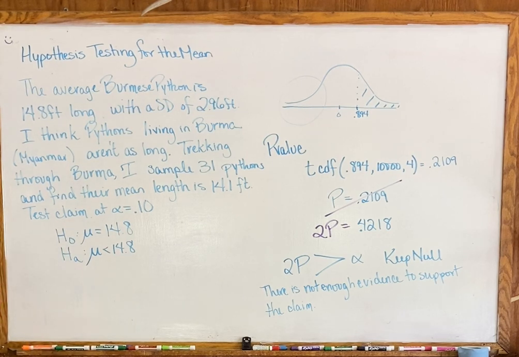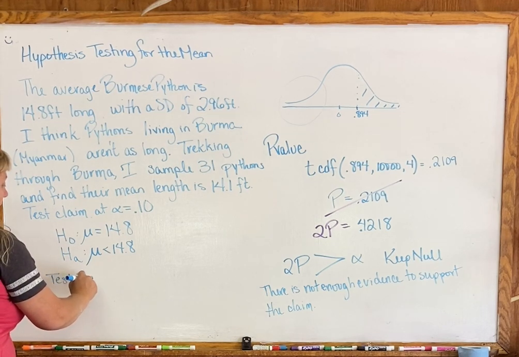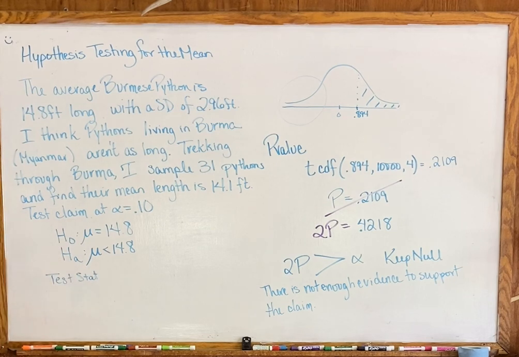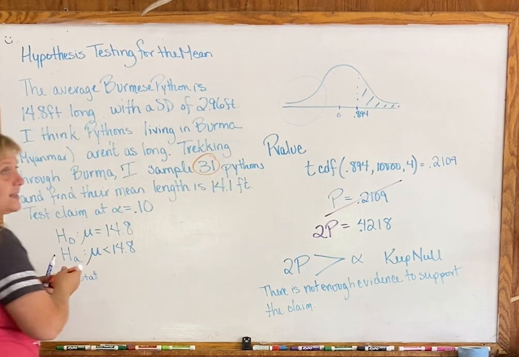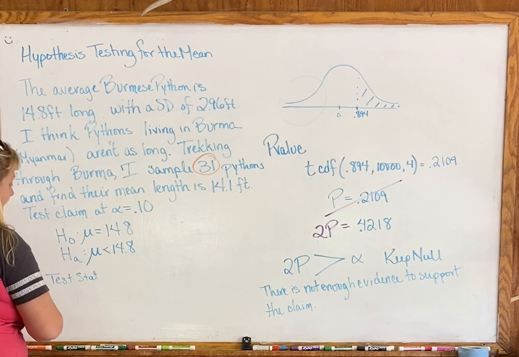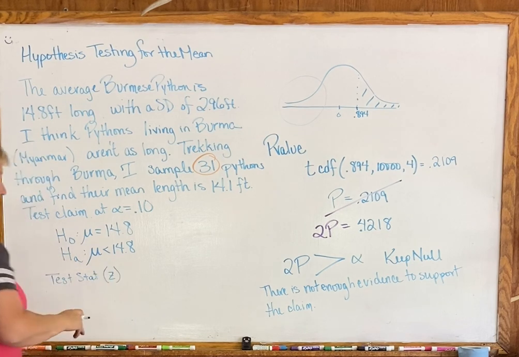Okie dokie. So we need our test statistic. In the last two examples, our test statistic was a t-score. Tell me about this one. Our test statistic this time is going to be a z-score, isn't it? We got over 30, so we're going to use a z-score instead. So we're back to z's, but see how you have to go back and forth from problem to problem.